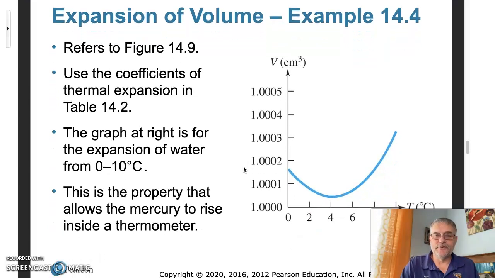As I said, though, there are exceptions, and one exception is water. Water, you can see here by this graph, has its volume decrease as it gets to about 4 degrees Celsius, but then expands.